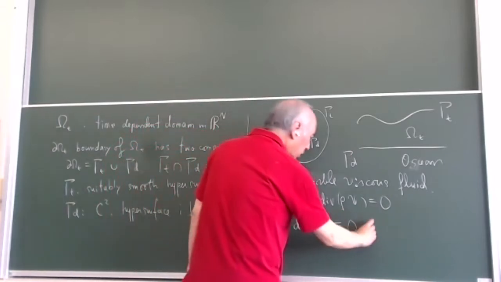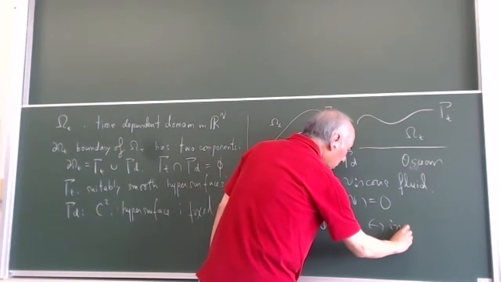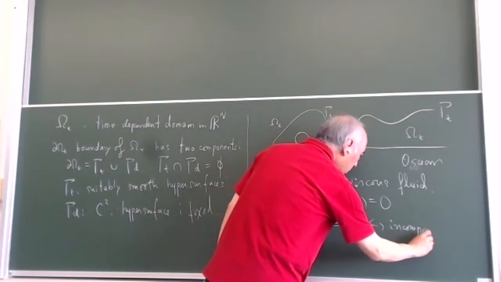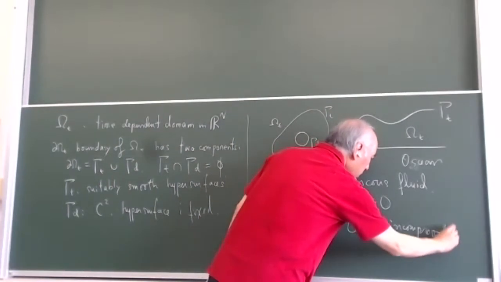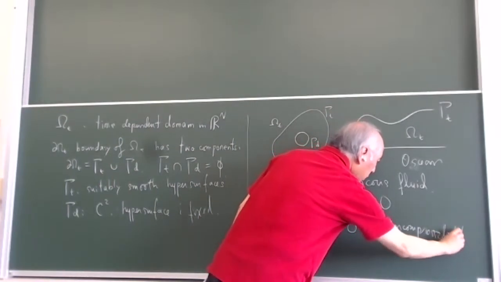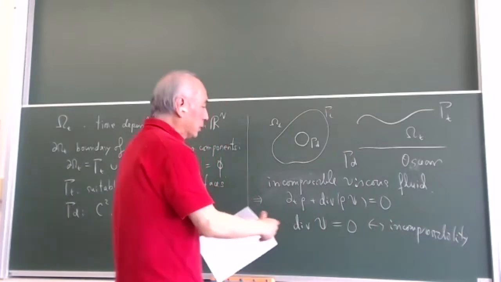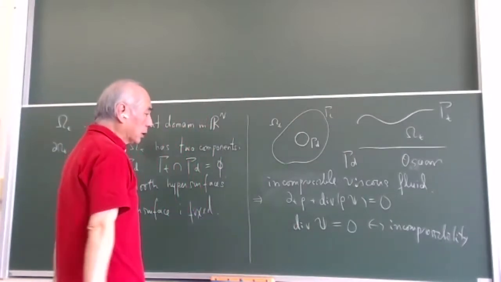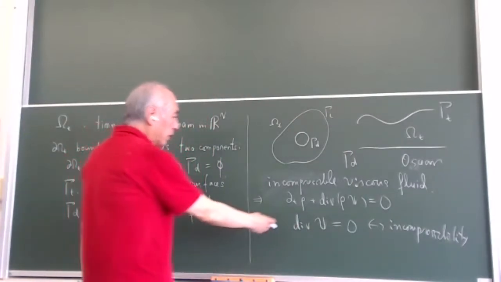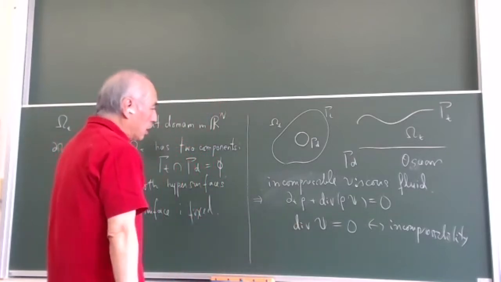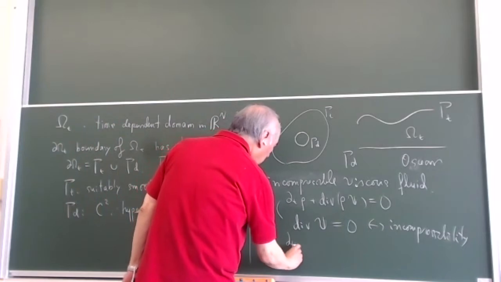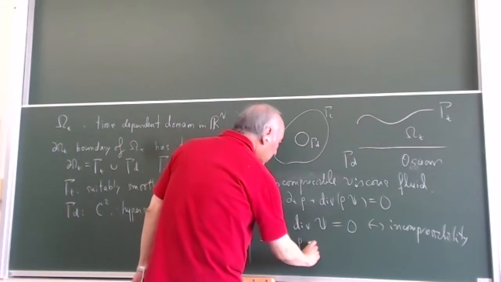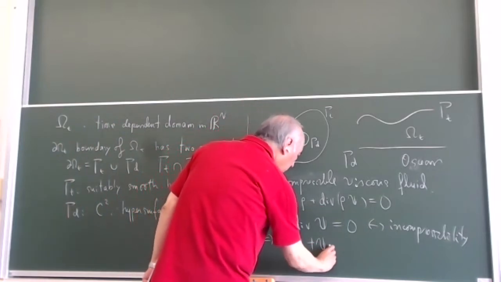This is incompressible. So volume doesn't change. So div v equals 0. Combining these two, you have the time derivative of rho plus v dot nabla rho equals 0.